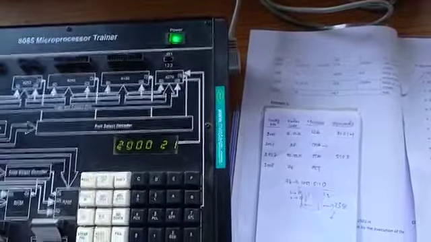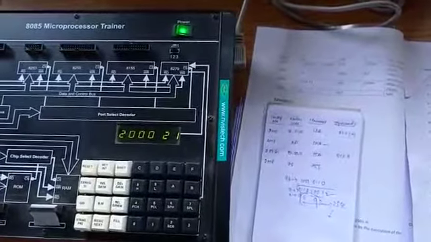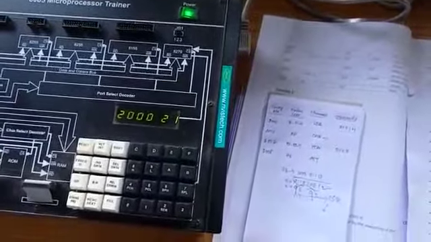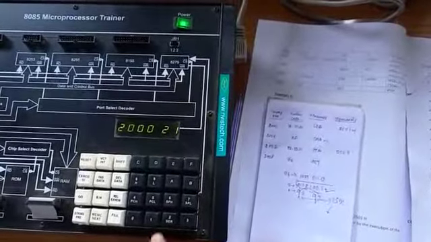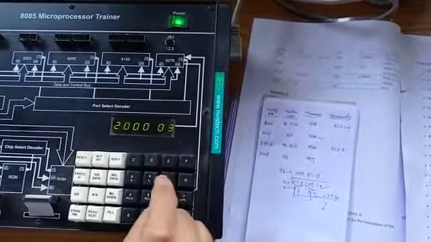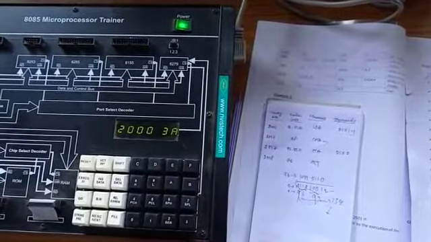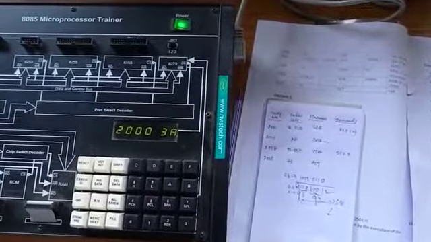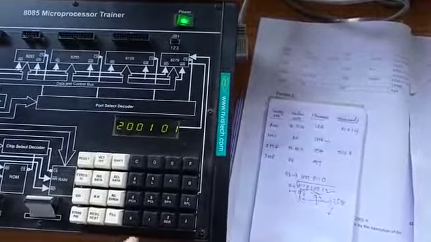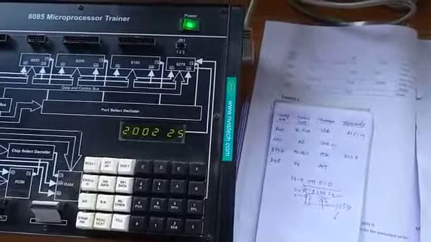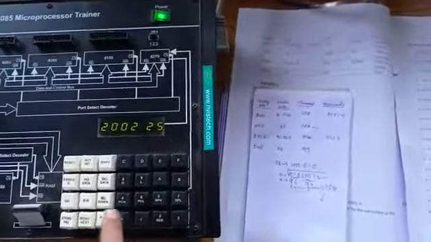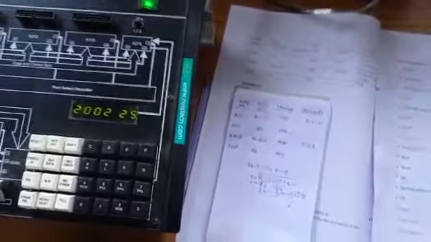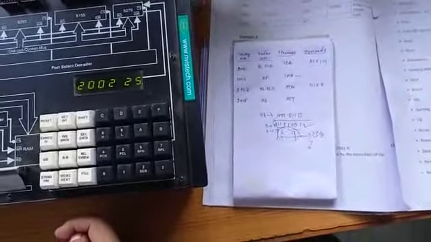Next, in 2000 location the LDA instruction is present. Now the machine code of LDA instruction is 3A, so we have to press 3A, meaning 3A is stored in the memory location 2000. Next in 2001 01, in next 2002 25. This is the memory location where the data is stored, 2501.